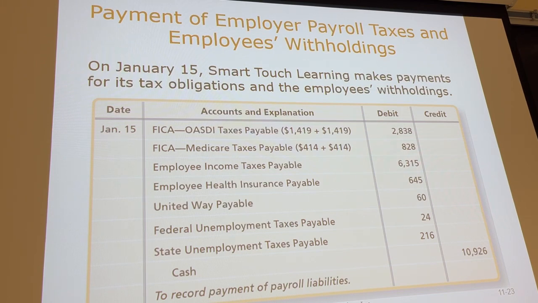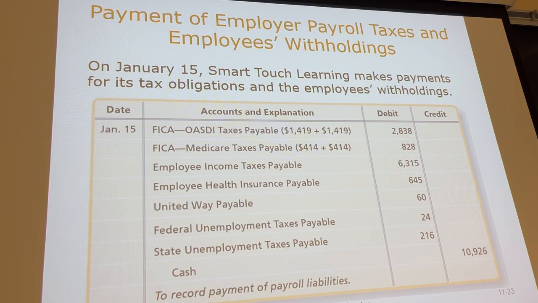And then likewise, when we send in the money for FICA Medicare, it's double because we have to send in the employee's share and the employer's share. Then when we send the IRS the money for the employee income taxes payable, that came just from the employee withholding. The employee health insurance payable, in this example, I think came only from the employee.